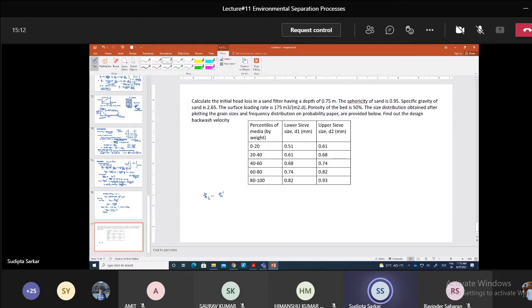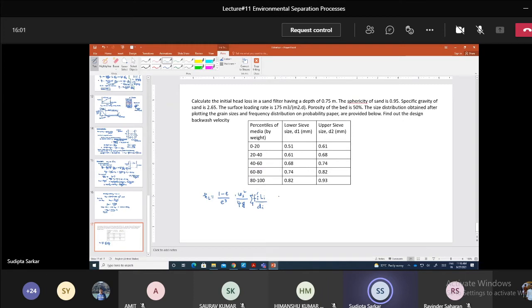HL equals E by 1 minus E... so this is 1 minus E by E cubed, and we have Vs squared by psi G. Now we will have F dash i Li by L, and this is the summation. So this is the formula that we are going to use.